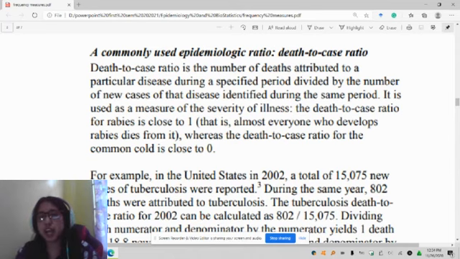The challenge in using all of this is the validity and reliability of the numbers that you are going to get, and of course how to get those numbers, because the formula itself is very easy. What you need to do is just divide.